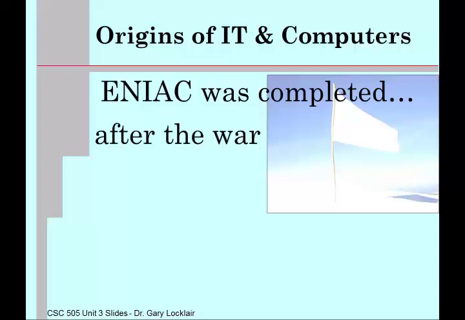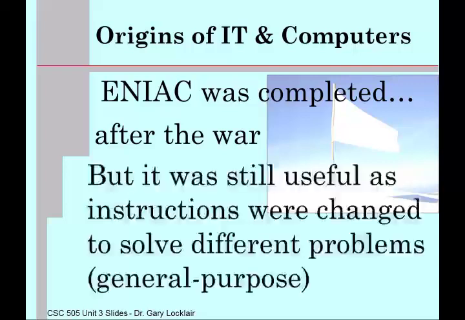But ENIAC was a different kind of tool. The ENIAC was still useful. The instructions were changed. Here's where we had the hydrogen bomb discussion earlier. So although the ENIAC couldn't help creating the ballistic trajectory tables, it was too late, they reprogrammed it. They changed the instructions, and it solved a different problem.